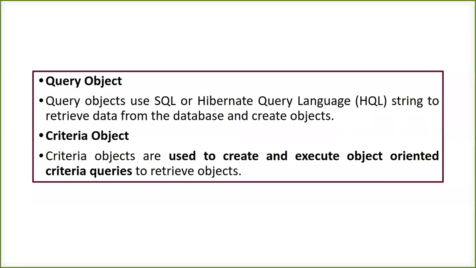And then I have a query object, where Hibernate now understands the query language of the database, either SQL or its own language, the Hibernate Query Language. Lastly, the criteria objects execute your queries, which help me retrieve the data from the database.